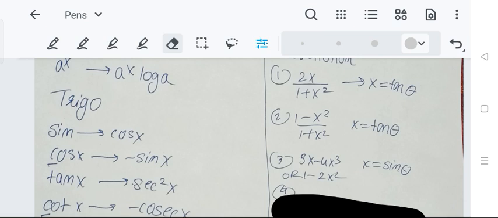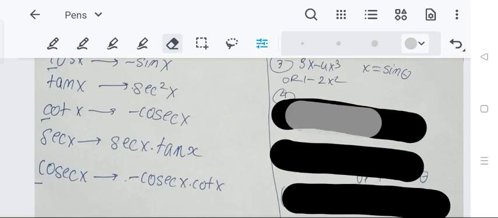If we put x is equal to tan theta, in the first case it will become sine 2 theta, and in the second case it will become cos 2 theta. And for the third case, 3x minus 4x cube is the formula of sine 3 theta.